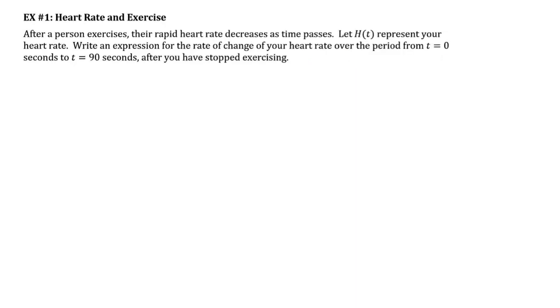If we look at example 1, example 1 is just wanting us to write an expression for the average heart rate over a time period. Notice it's from 0 to 90 seconds. You're just talking about an average rate of change. So for this one, you would say that the average rate of change would be equal to, now don't write slope of a secant line here.